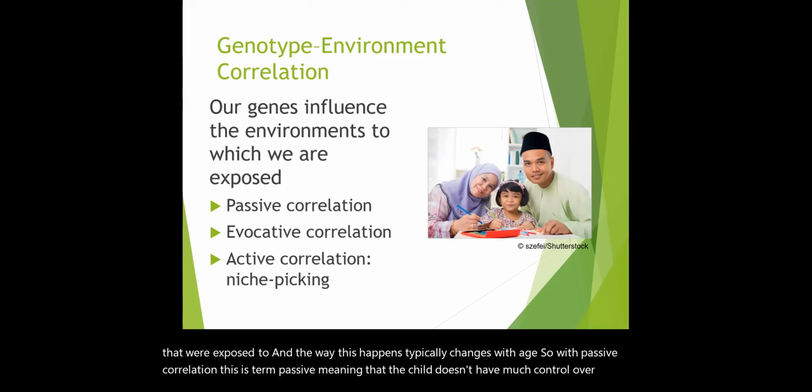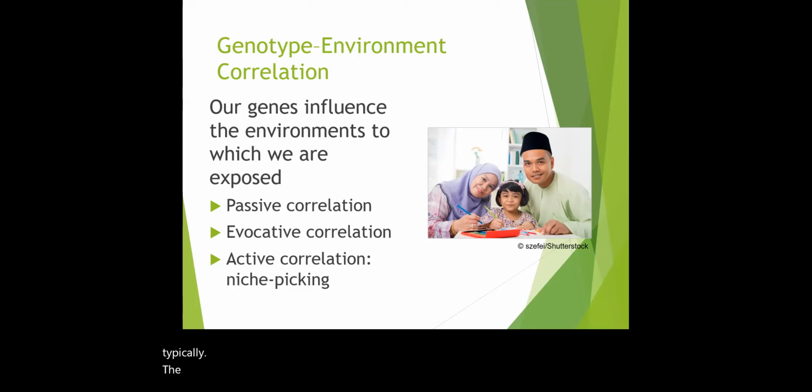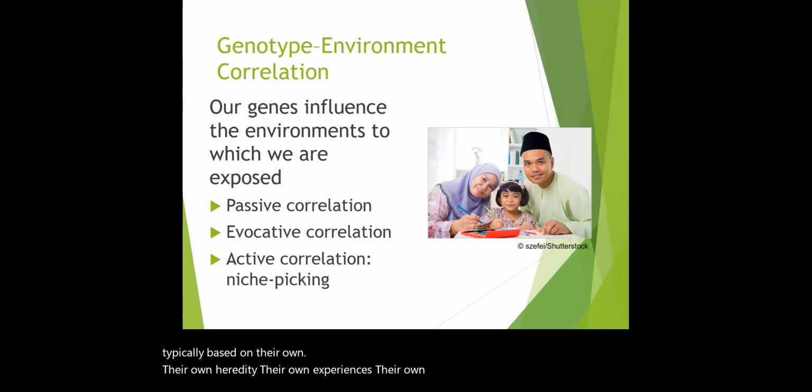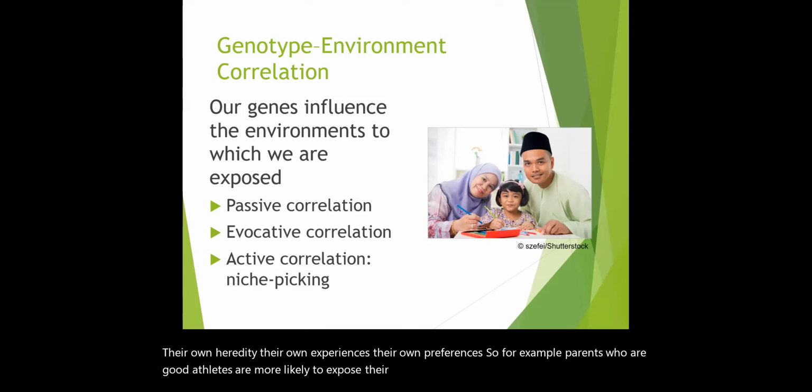Typically, the child care providers, the parents, the guardians are providing the environment, and that's typically based on their own heredity, their own experiences, their own preferences. So for example, parents who are good athletes are more likely to expose their children to swim classes or t-ball or things like that.